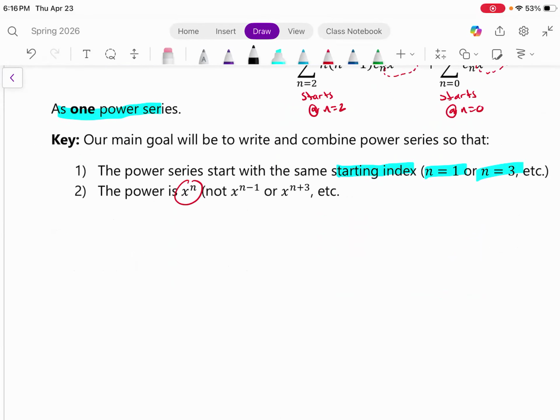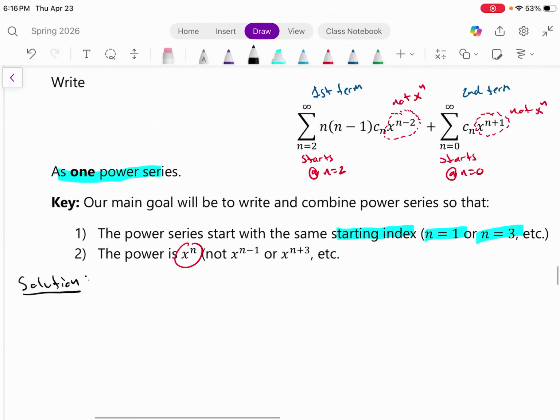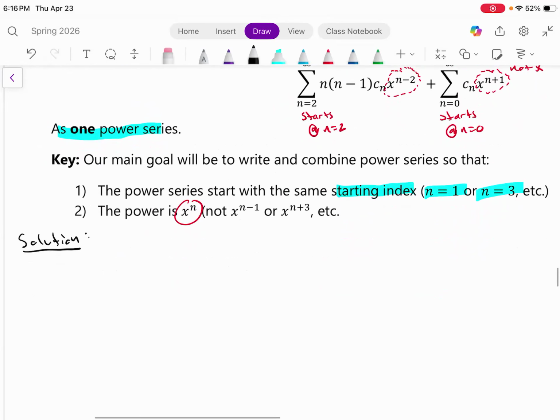So, let's go ahead and try that out. So, solution. And we want to get them the same starting index. So what we're going to do, let's focus on this first term here. We'll get around this by "peeling off."